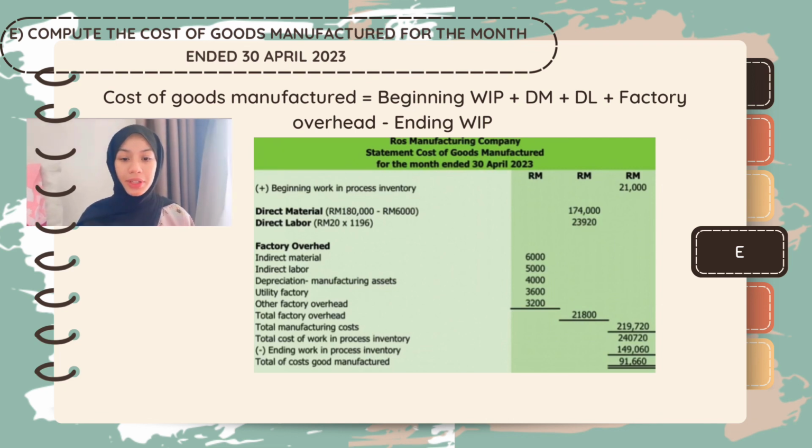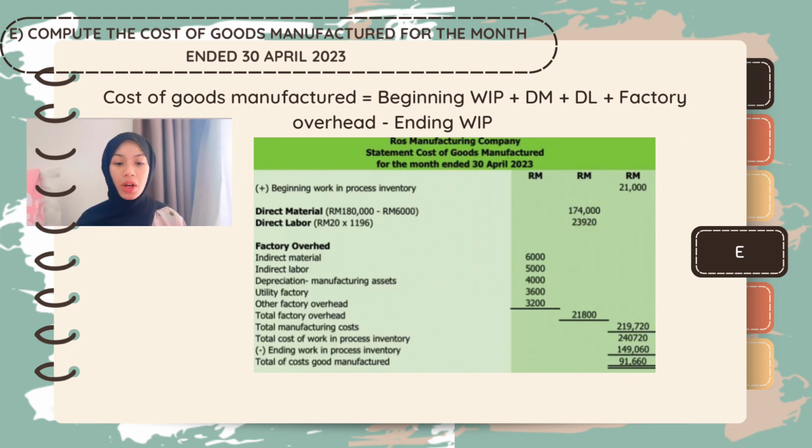Thus, direct material plus direct labor plus factory overhead is 290,720 and plus the amount of beginning WIP, so the total cost of work in process inventory is RM 240,720, then minus it.